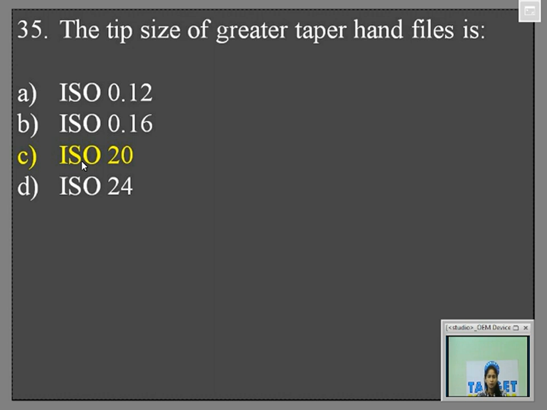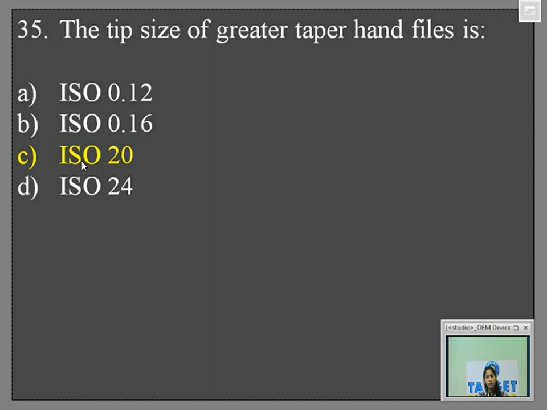They were not complete like the proper radial lands in your profile and Light Speed. In K3 and Quantec you have recessive lands. That means they will not be extending completely up to the circumference of your file. Whereas your Protapers have no radial lands. Okay, they are convex triangular in cross section with a negative rake angle.